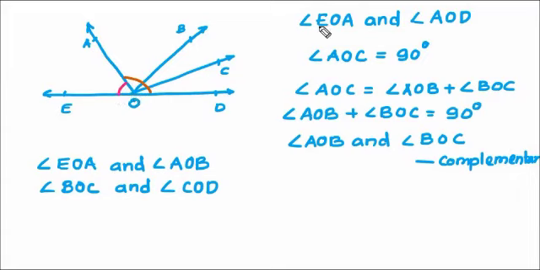So even these two angles are a linear pair. EOB and BOD, even that is a linear pair. EOC and COD, even that is a linear pair.